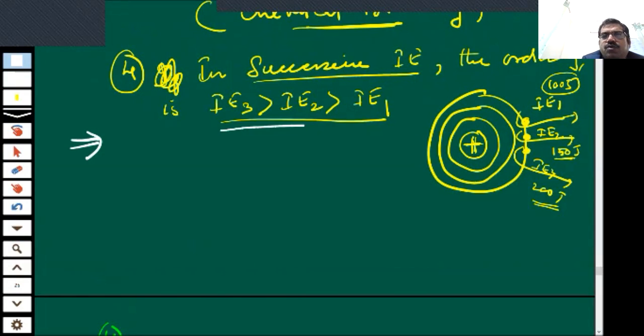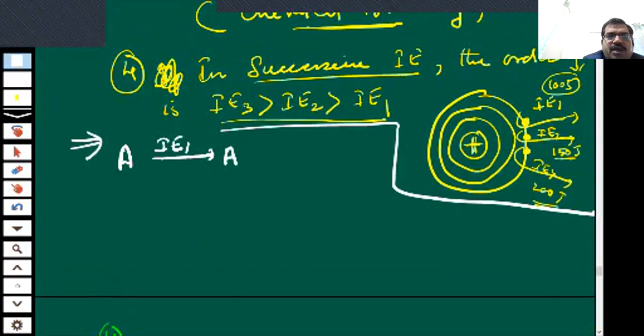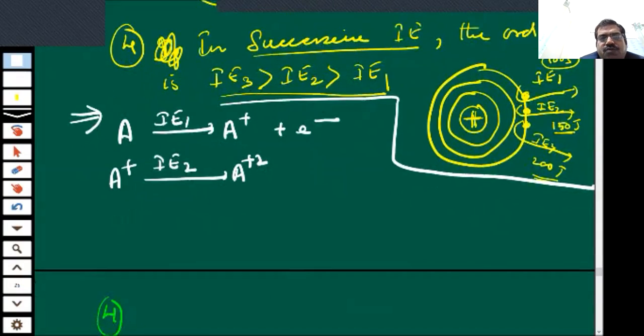Whatever I have shown you in normal pattern, see, one atom is there. You are providing IE1, it will become a cation and one electron is lost. After that, if you are removing an electron, it will be removed from the cation. Then you have to provide energy, then it will become bivalent, bipositive. More positive charge is there.